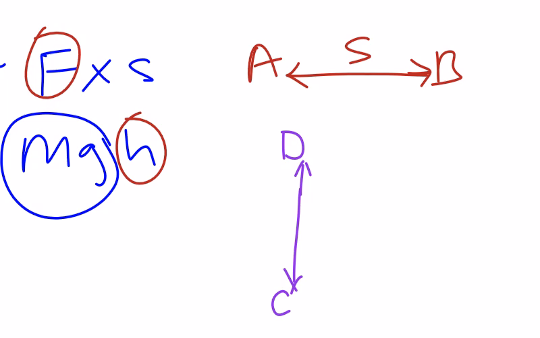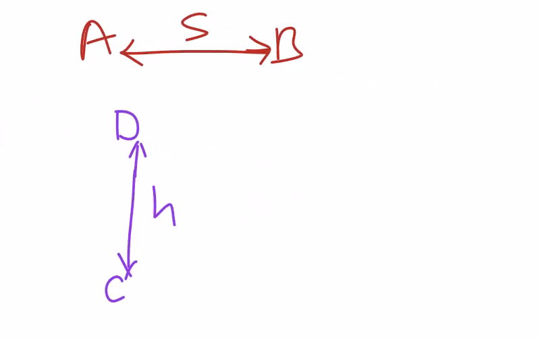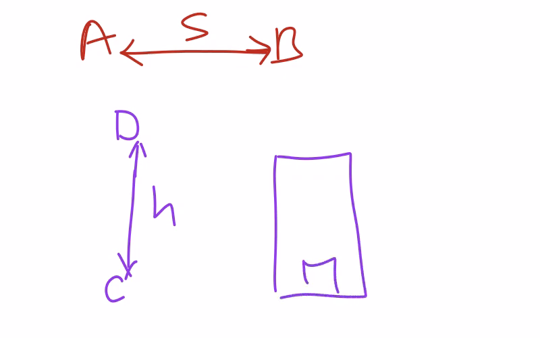This distance is h, that is the height of the object. For example, if it's a building, the height of the object will be h, while for the distance of something on the ground, the horizontal distance, we use s.